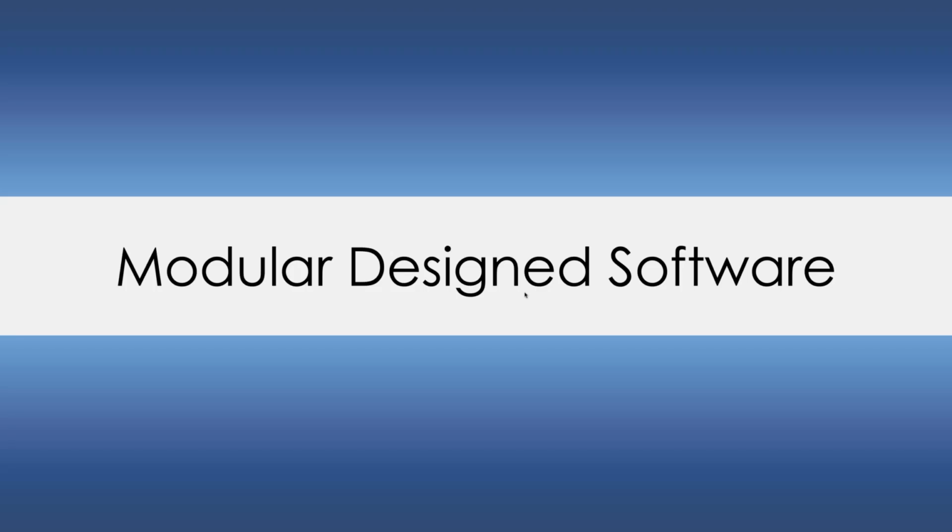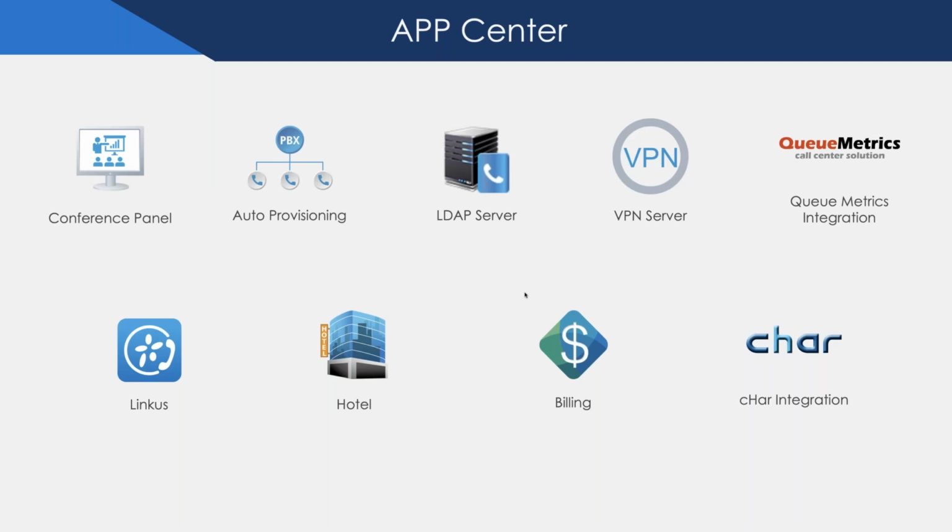Another highlight feature we have here is that not just the hardware is modular designed, the software can also be called a modular design, because when you log into the S-Series PBX user interface, you will see there's one icon called App Center. The App Center is very interesting.